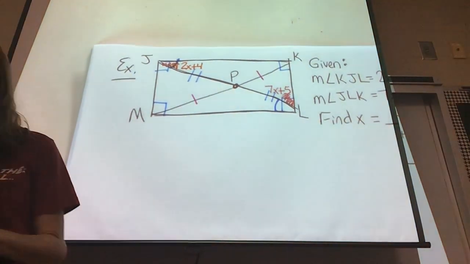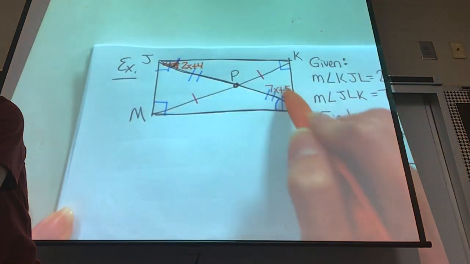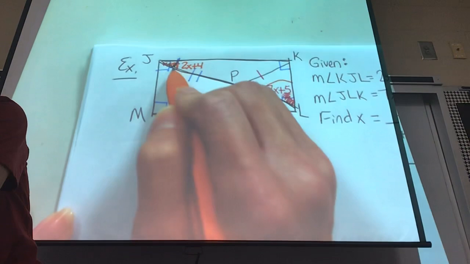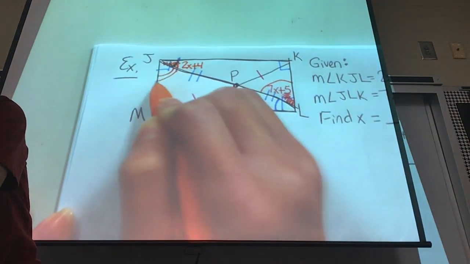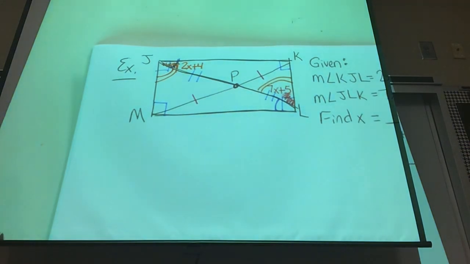So now that would leave this piece, the 7x plus 5, to be congruent to this one, because they would be alternate interior. They're on opposite sides of that transversal.